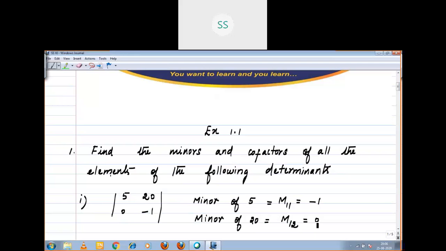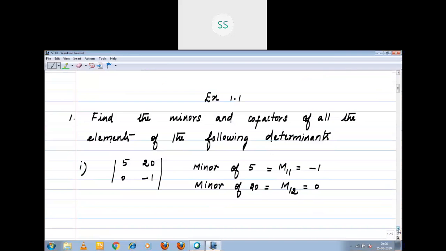Now, third one, minor of 0. It is located in the second row, first column. Second row should be deleted, first column should be deleted, then the rest is 20. So that is the answer.